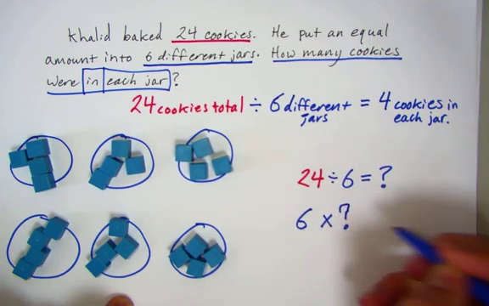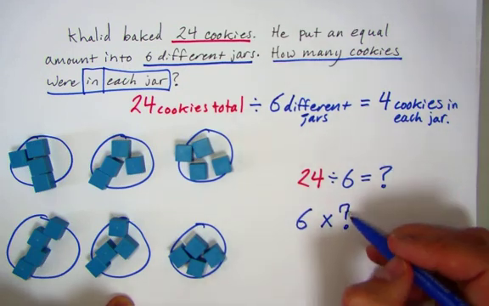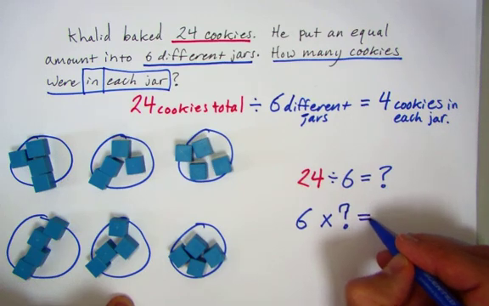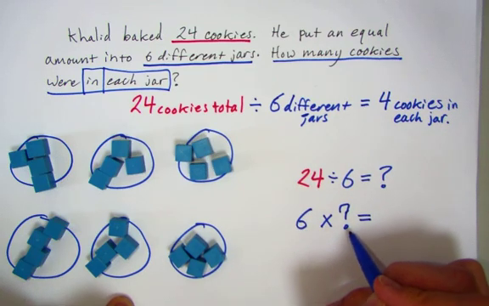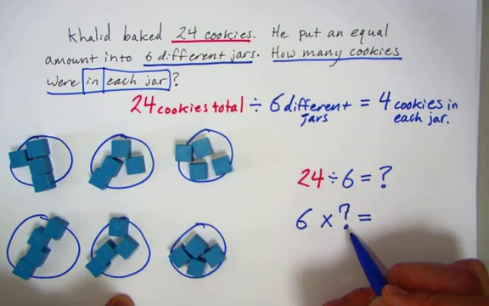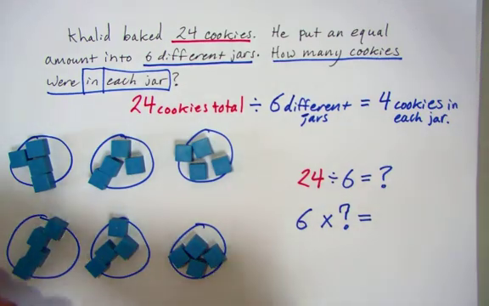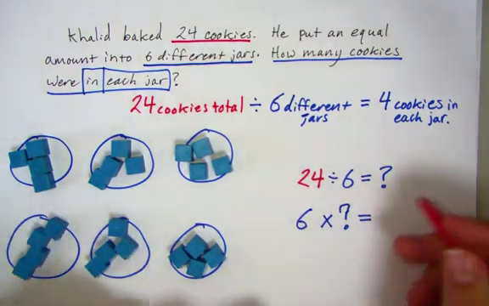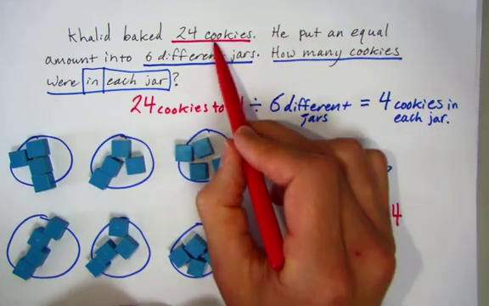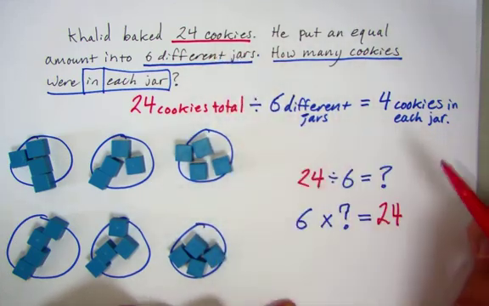If you guessed a question mark, that is correct. We don't know this right now. 6 groups of something, so 6 jars of however many cookies in each jar, will give us, and yes, there's our total amount. We actually have our total amount in this problem already.